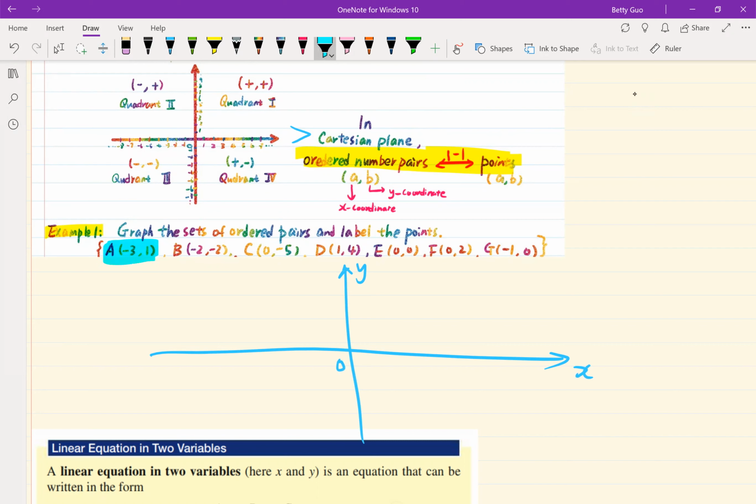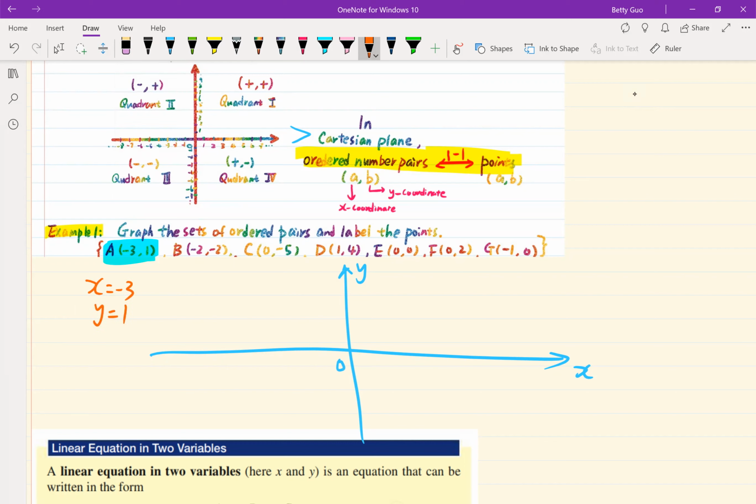The ordered number pair A is -3, 1. The x-coordinate is -3. The y-coordinate is 1. Give me 1 second. The x-coordinate is -3, the y-coordinate is +1.